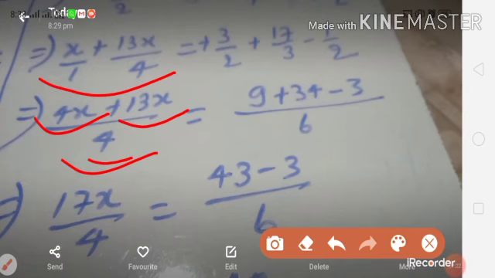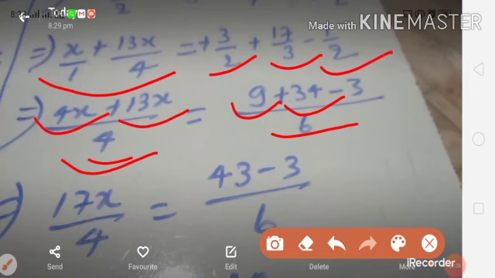Now do the similar work, 6 as LCM, and divide by 2 we find 3, 3 3 is 9, divide by 3 we find 2, 17 multiply 34, and divide by 2 we find 3 1 is 3. Here you see that both are plus, so we add, and 17x by 4 is equal to, here both plus, so we make it a single plus, 43 minus 3 by 6.